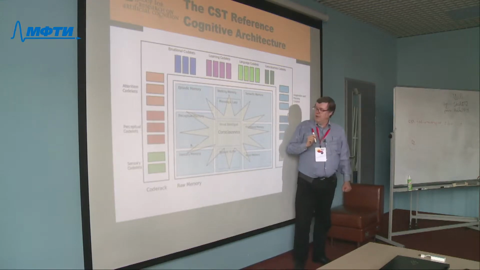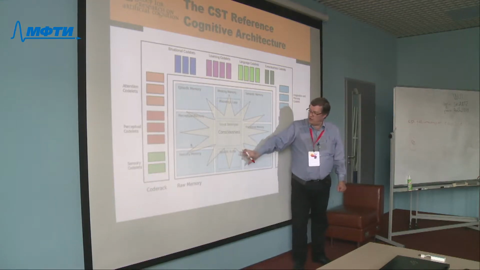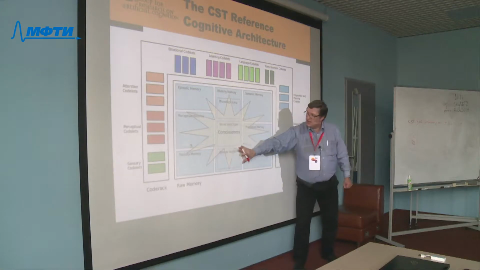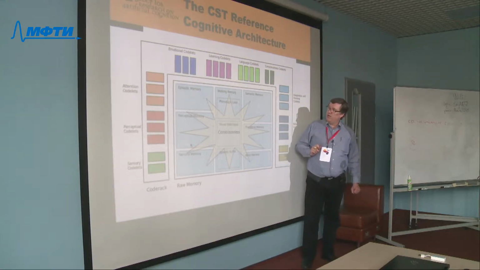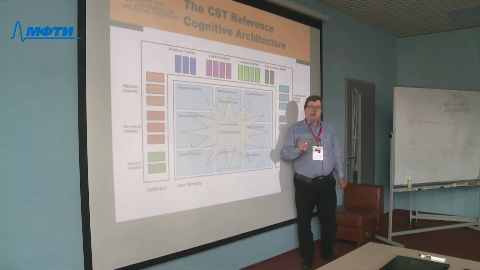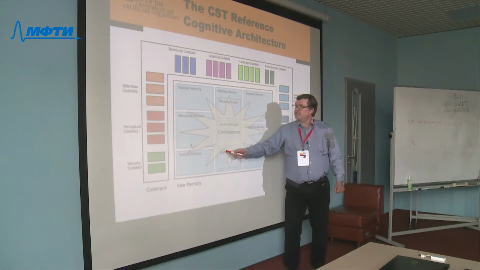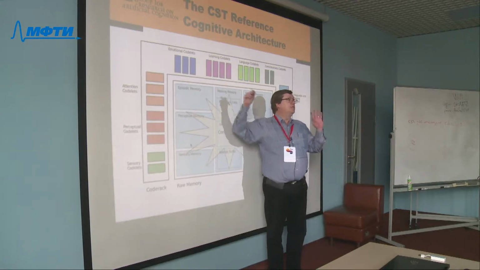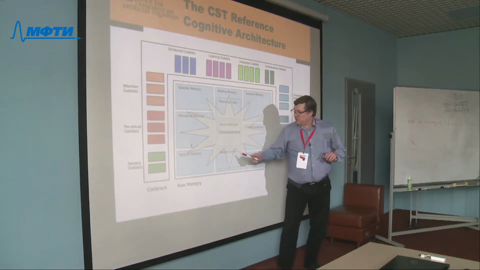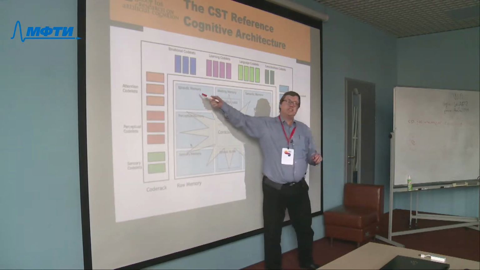And Baddeley also talks about a third kind of sub-memory in the working memory, which is the episodic buffer. The episodic buffer is different from the episodic memory. It's important for us to understand. The episodic memory is a long-term memory.